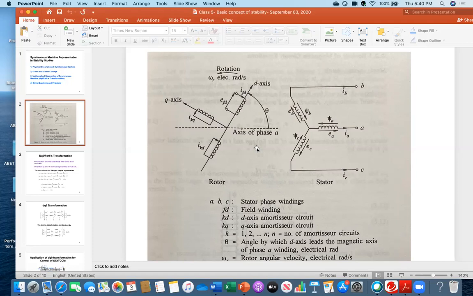In other words, the three-phase system can be transformed into two-axis component, provided that the total magnetomotive force for the three-phase system and total magnetomotive force for the D-axis and Q-axis system remain the same. Then that relationship holds, or that relationship is valid.